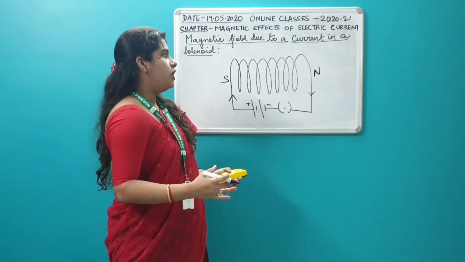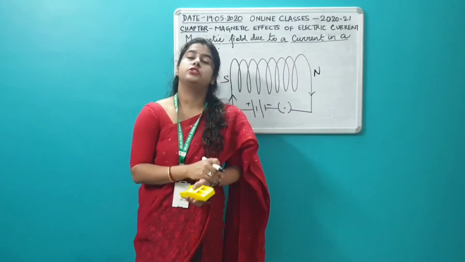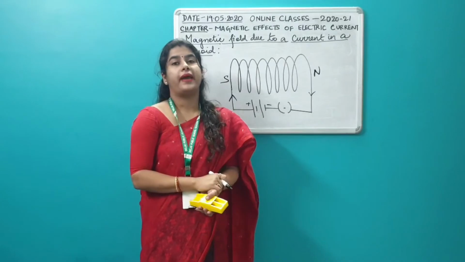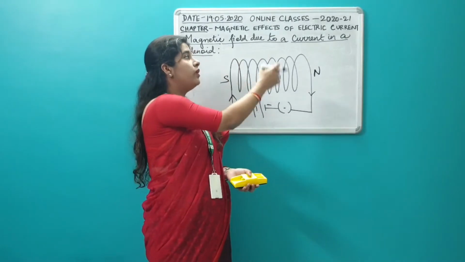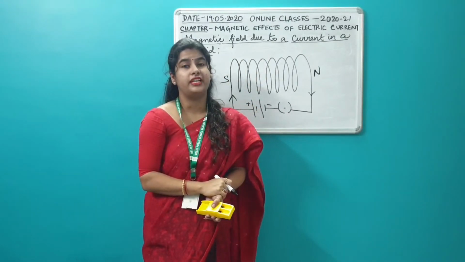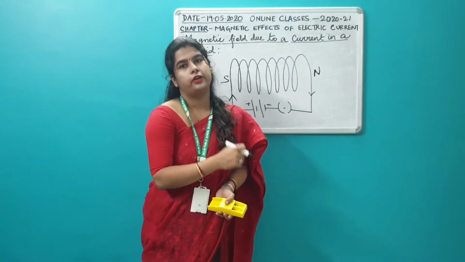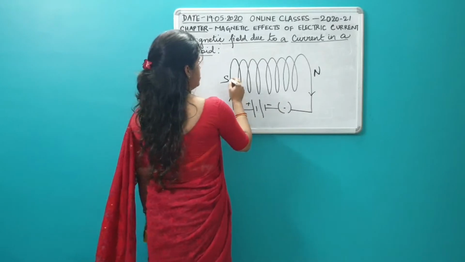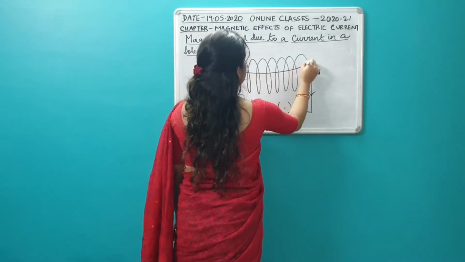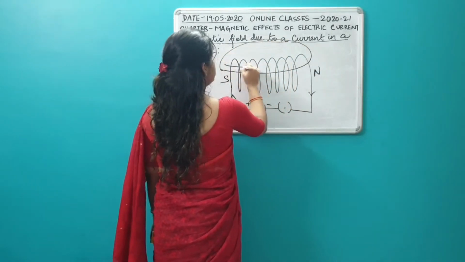Now what we have to do next is to see what kind of magnetic field lines will be there, I mean, what will be the structure of the magnetic field lines in case of a current carrying solenoid. This is how it will look like. All of you have a look once.